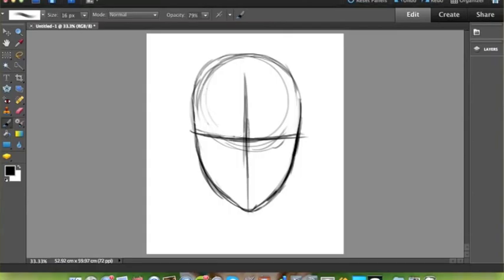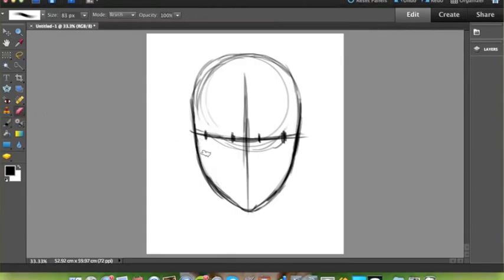The width of your nose is always around the same width as an eye. So if we take this width here and just estimate it, put that over there, you then have the beginnings of your eyes. And usually you have about this much space in between your eyes, but again, this is the golden rule here.